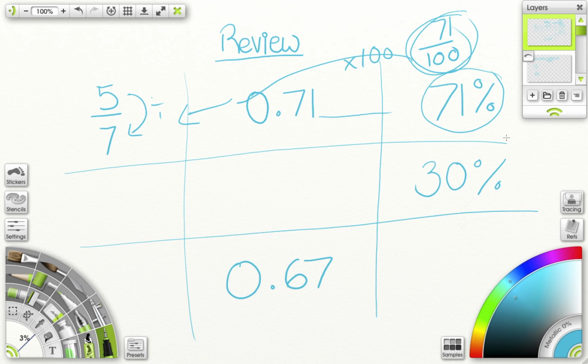Now to take your percent and turn that into a decimal or a fraction, there's a couple ways you can do it. You can take 30 and put it over 100 and then put that into lowest common terms. So I can divide both by 2, for example, and just keep going until I get into the lowest possible terms.